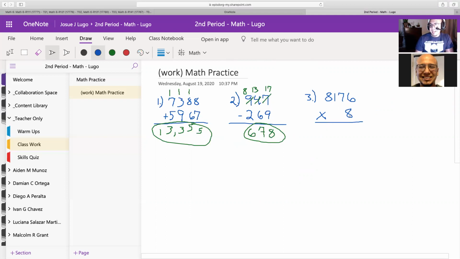So we're going to multiply 8 times each one of these digits. So 8 times 6, it's going to be 48, right? 8 times 7 is 56 plus 4. That's going to be 60. 8 times 1, that's 8 plus 6 is 14.